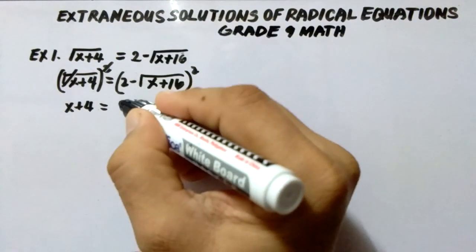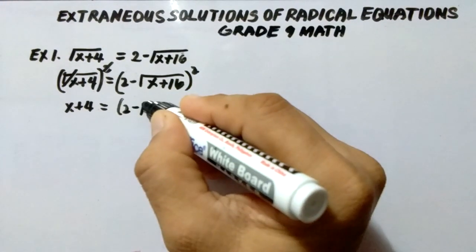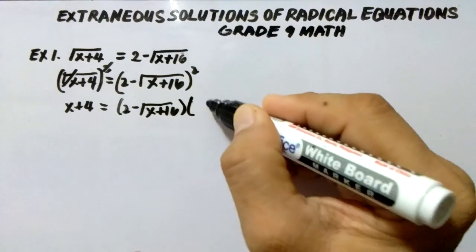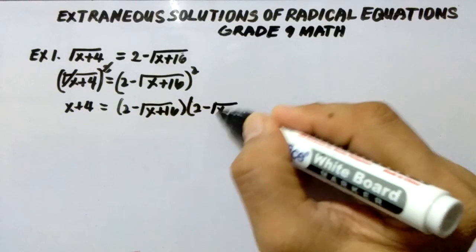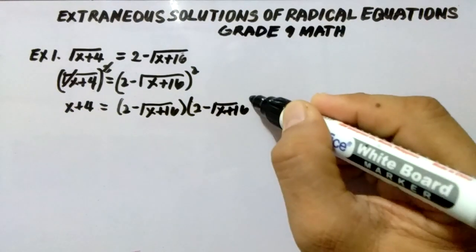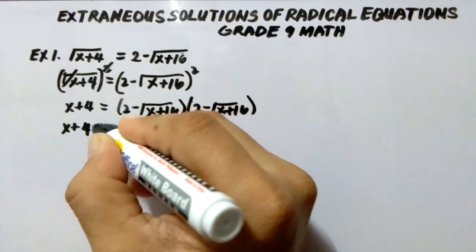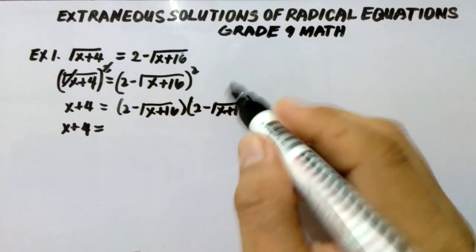Okay, so i-copy po natin dito sa ibaba. So we have 2 minus square root of x plus 16. Okay, dalawa po, no? So 2 minus square root of x plus 16. Then x plus 4 is equals to, then multiply po natin using the FOIL method.